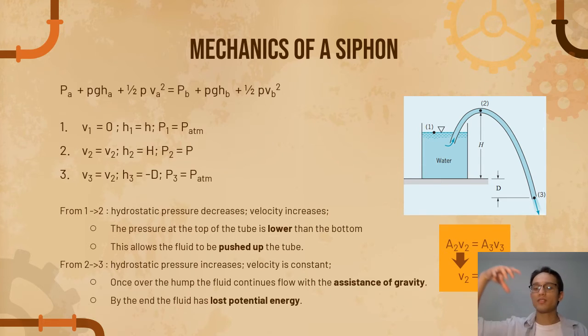And then at the top of the tube, you have some lower pressure due to the difference in your hydrostatic pressure. Thus, the water flows from high to low and then continues flowing through the tube assisted by gravity. So, from point 2 to 3, you have an increase in hydrostatic pressure and velocity, but then your pressures cancel out and you have a loss of potential energy.